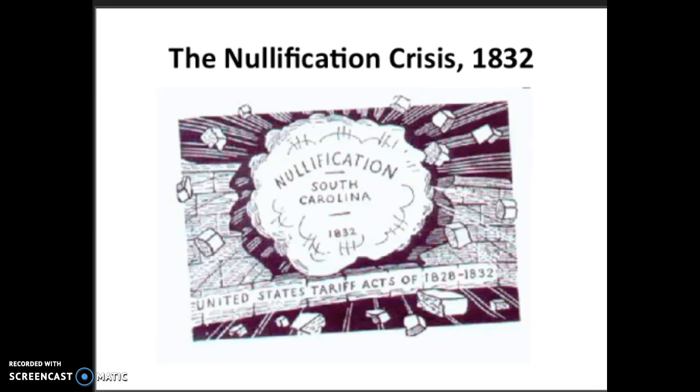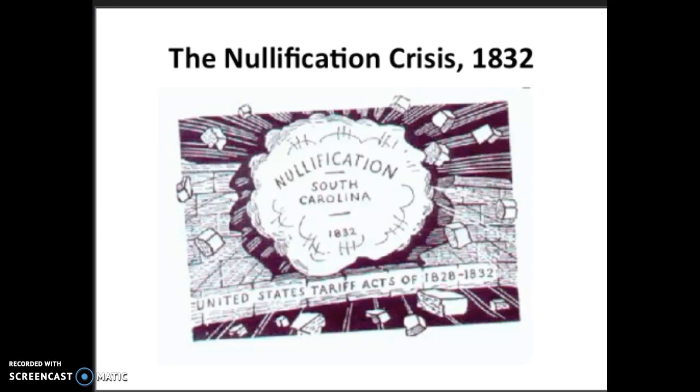Calhoun, who was vice president to Andrew Jackson and who was from South Carolina, argued that if Congress was willing to impose tariffs on the South, then Congress would also try to abolish slavery, ruining the Southern economy. Jackson saw this as a direct attack on his presidential powers, so he had Congress enact what becomes known as the Force Bill.